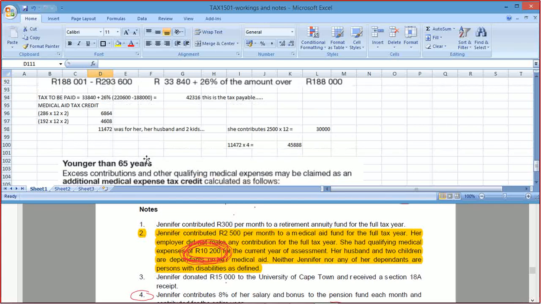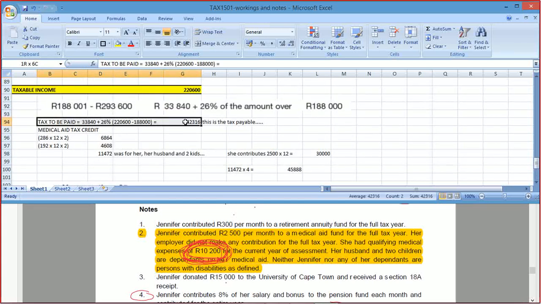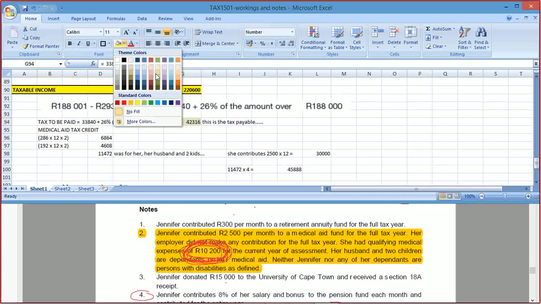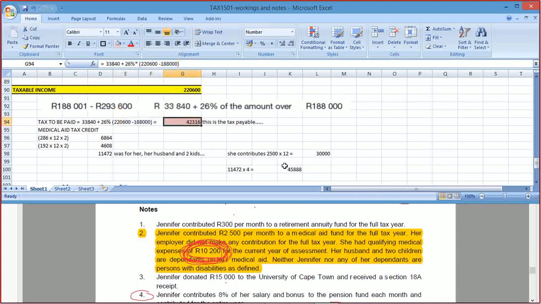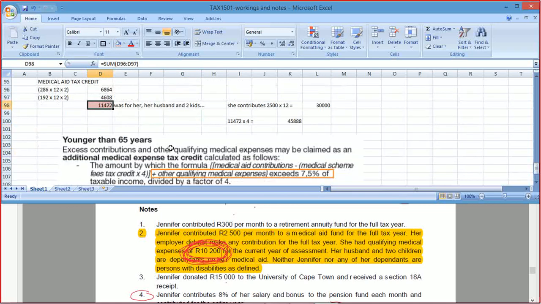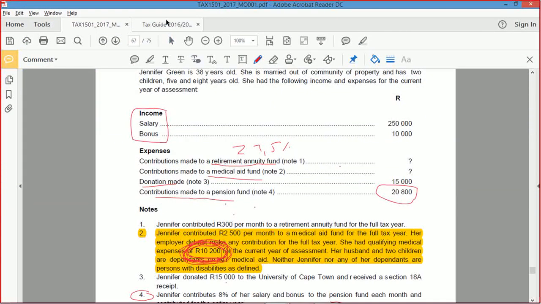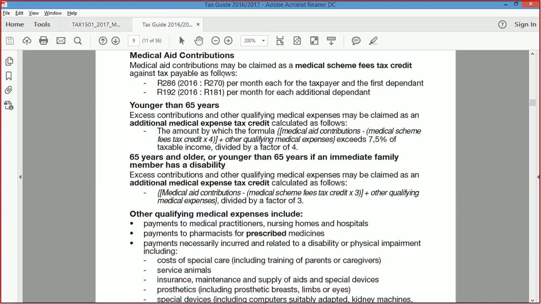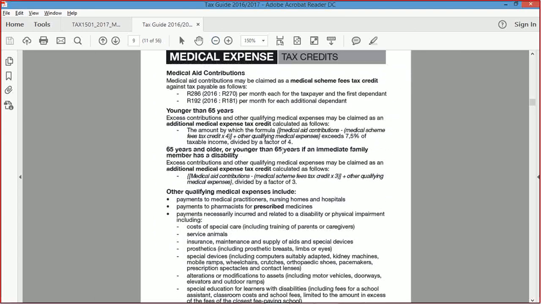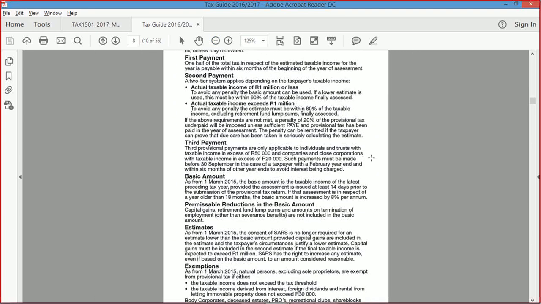Okay, so how much tax is she actually going to pay? Well, she paid that amount of tax, so there's the tax. Okay, she gets a credit, so where's the tax credit? There's a tax credit. Okay, she gets the tax credit. And what else do you have to subtract? The rebates. Okay, so go to your tax guide here. Let me find the rebate. What is the rebate for last year? Let's check.